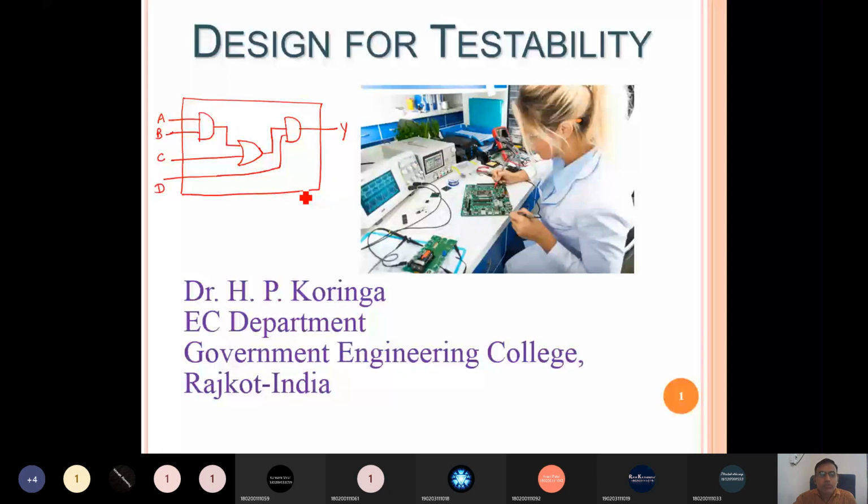Now suppose I want to check the stuck-at-zero fault at the output of the OR gate. What is the requirement?